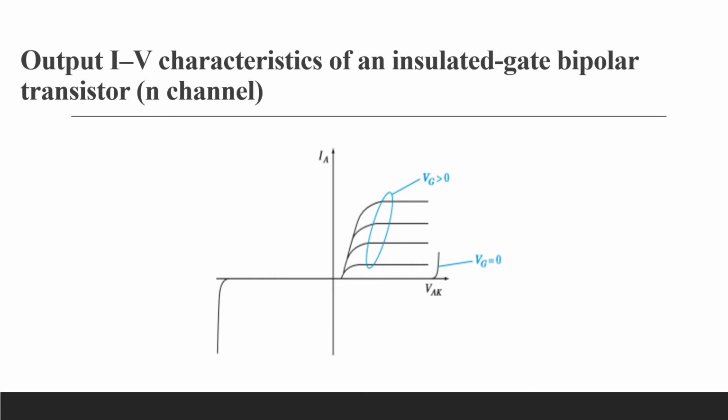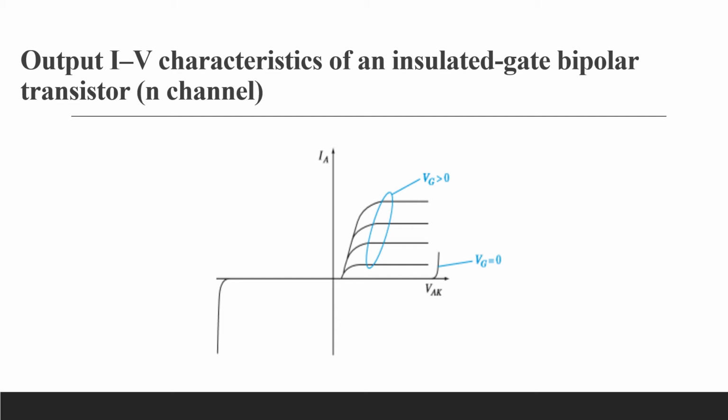Now this is the output IV characteristic of the insulated gate bipolar transistor N-channel. You must have remembered that in a simple FET we also get the same type of IV characteristics. Here the voltage applied between anode and cathode is kept along the x-axis and anode current along the y-axis.